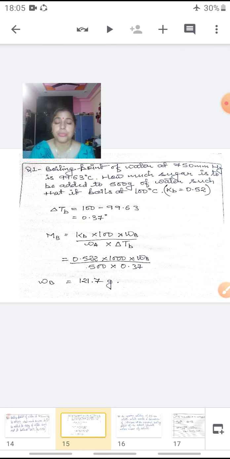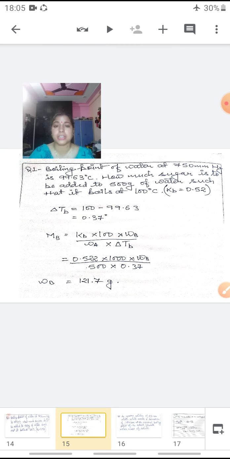Now, for the formula for molar mass, the molar mass we already know as the name of the solute is given to you, that is sugar. So, for sugar, the molecular formula is C12H22O11. On the basis of that, you can calculate the molar mass, and put the value of molar mass in MB.